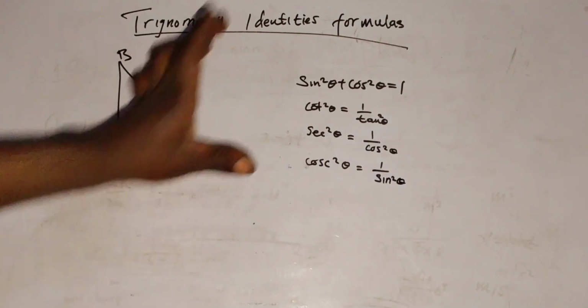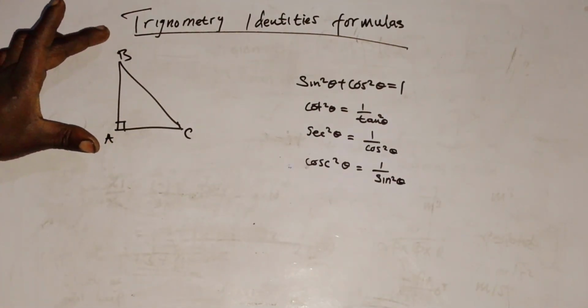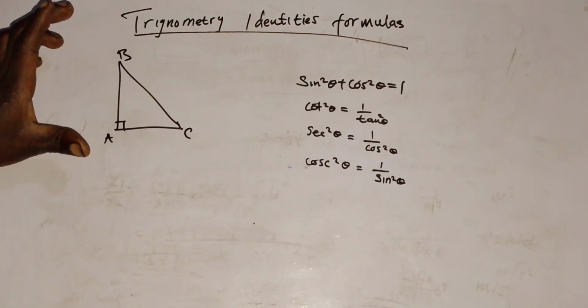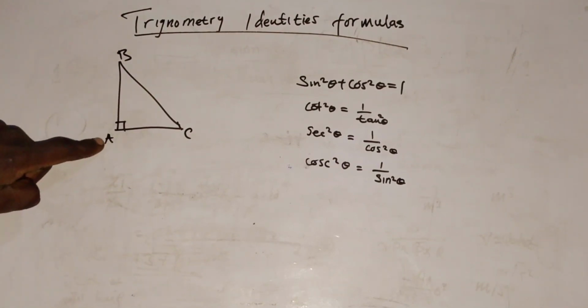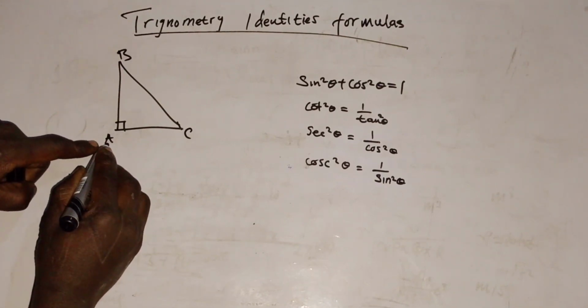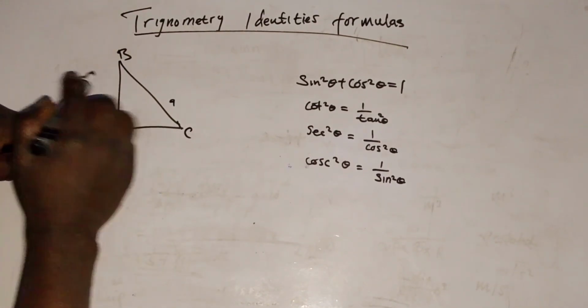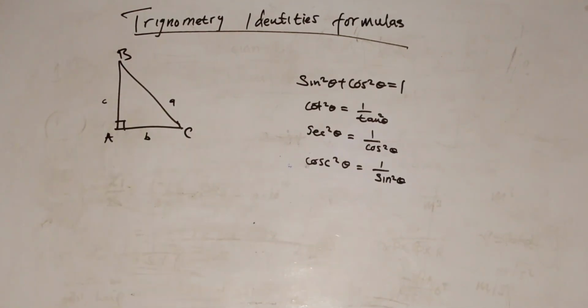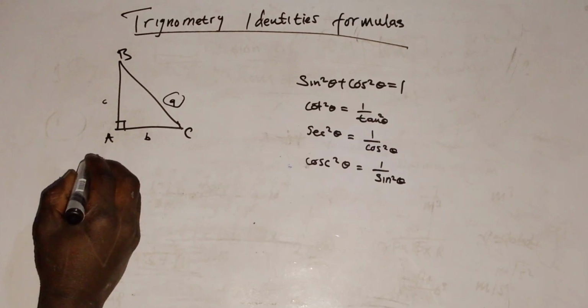So I'm going to show you where all these formulas come from, okay, by using this right angle triangle from Pythagoras theorem. We have to start with this one, which is the opposite of this capital A. We have small a. By Pythagoras theorem, we start with the hypotenuse.